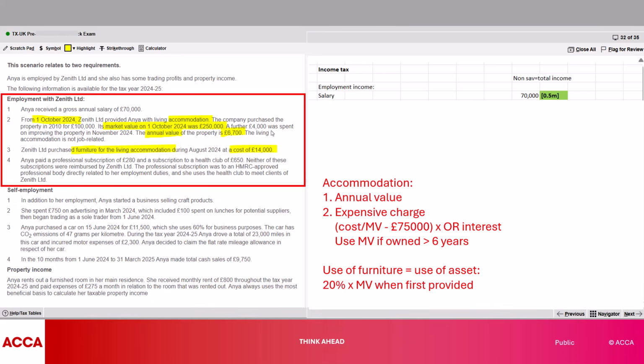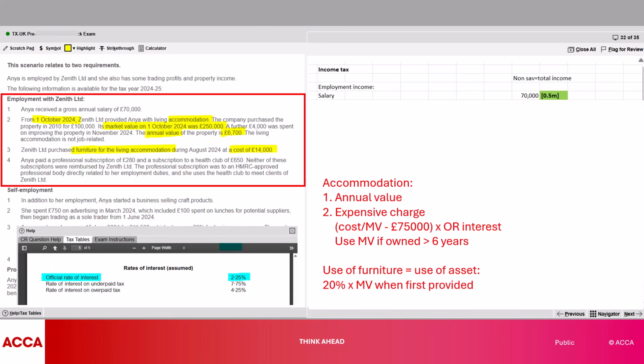Now, there has been £4,000 spent in November 24, but because that's after the start of the tax year, that won't actually be reflected until next year's benefit. And we need to multiply that by the official rate of interest. So the official rate of interest, which you can get from the tax tables, 2.25%.